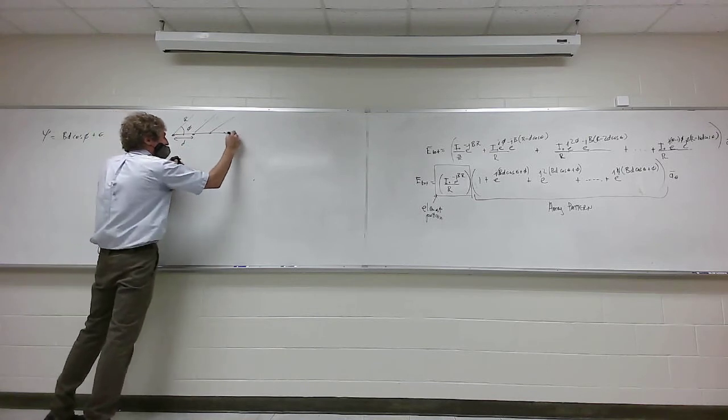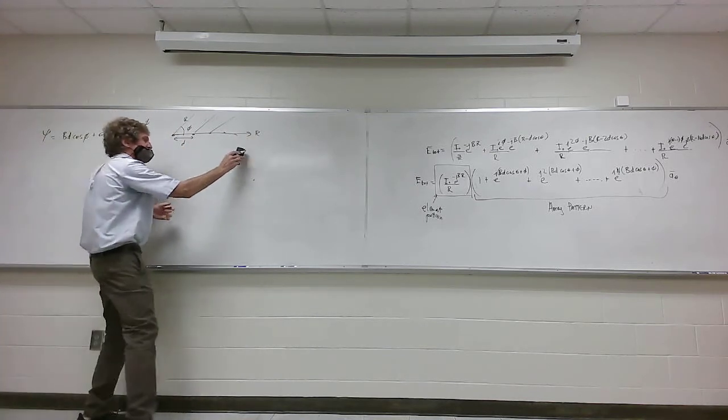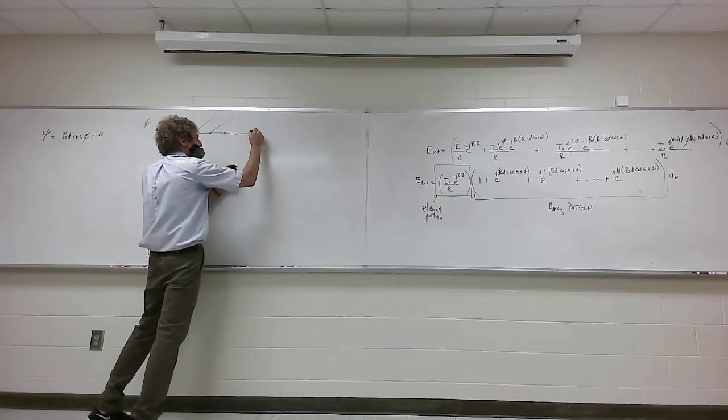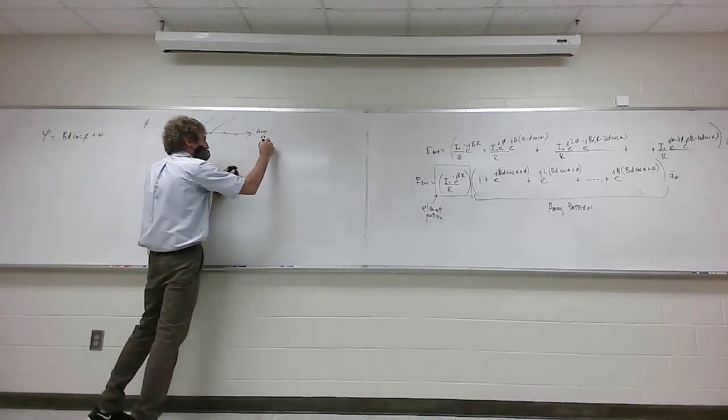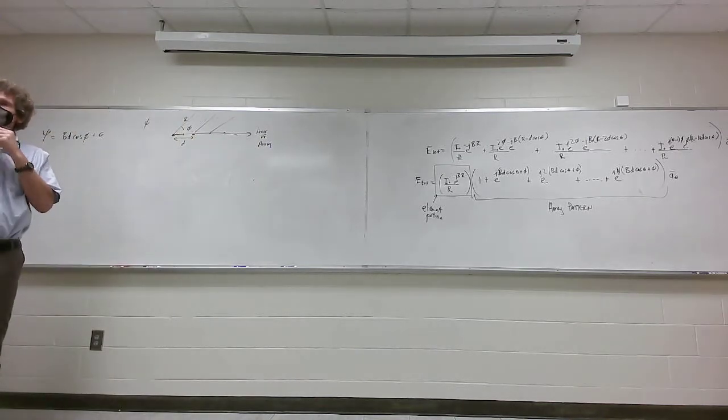It's the angle the array makes with the R vector, so this is the axis of the array. That way it'll be consistent with his book. In a lot of other books, they use basically what I use.